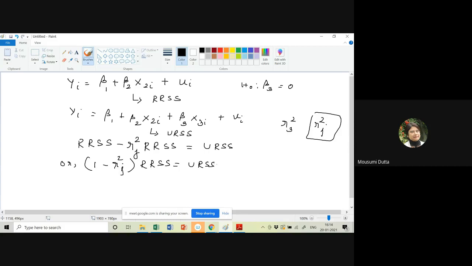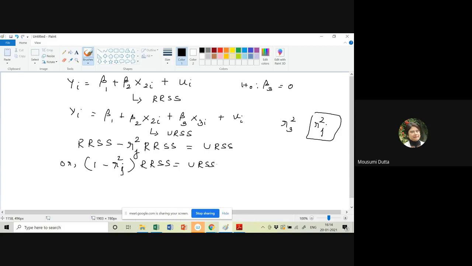So Rj square portion of RRSS will be explained now. So in the new model, the RSS can be presented as RRSS, that is initial RSS, minus the portion which is coming to the explained part or the ESS part, that is given by Rj square RRSS.